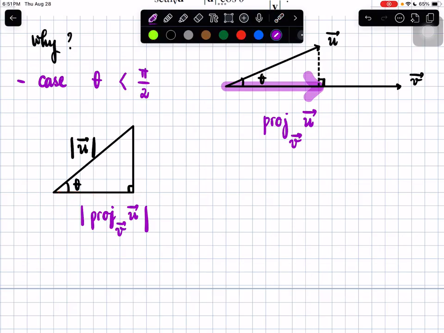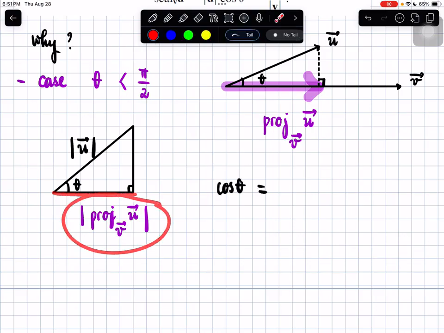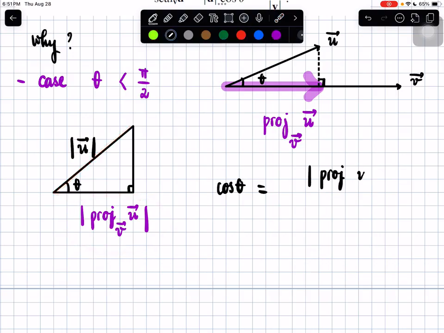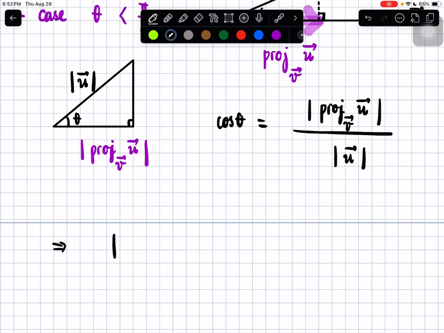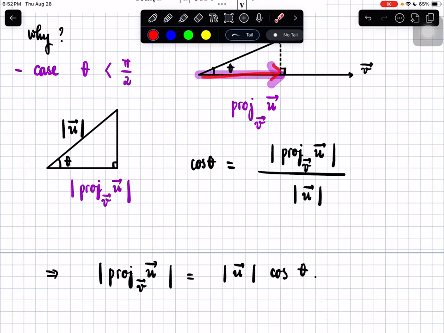So by cosine of the angle theta, it is this length divided by the length of u: the length of the projection of u onto v divided by the length of u. So this gives us, in other words, the length of the projection of u onto v is the length of u times cosine of theta.